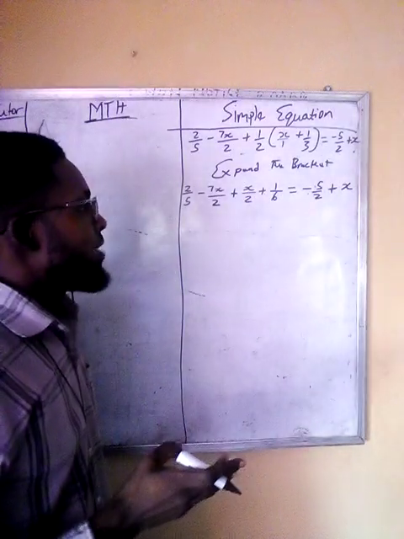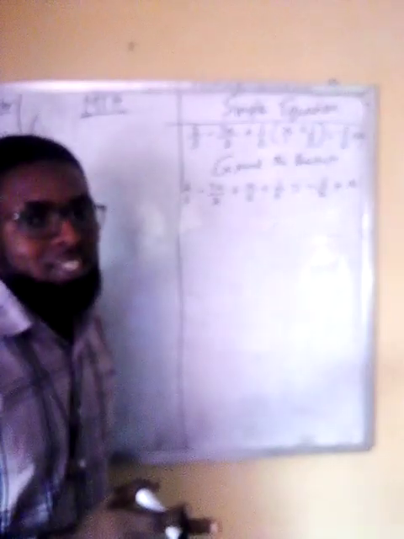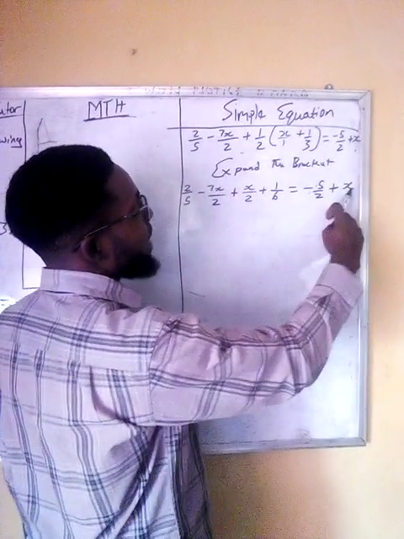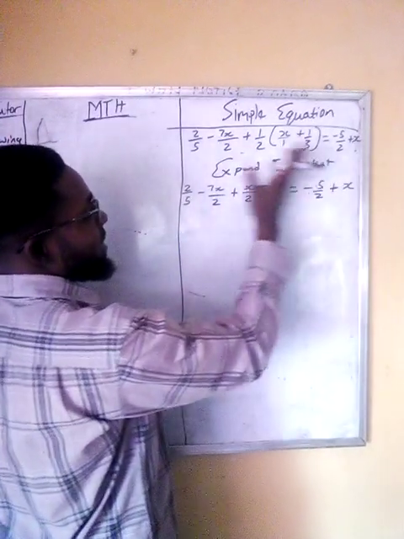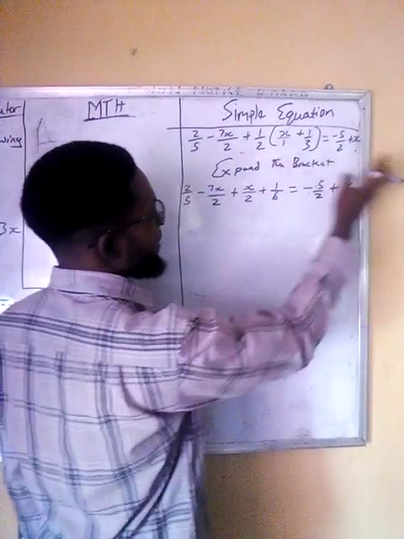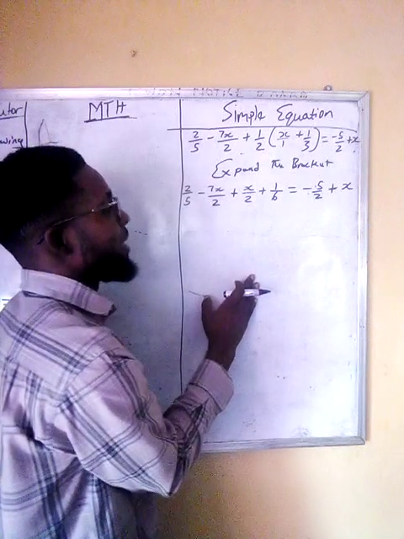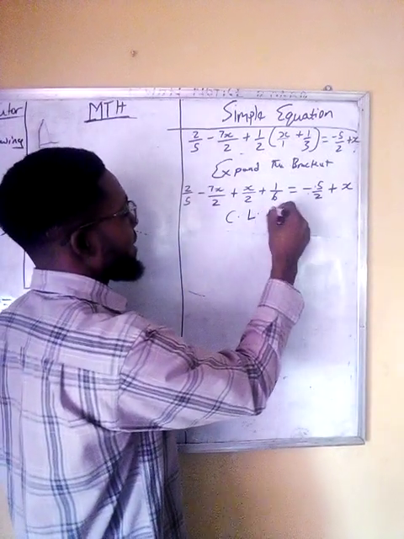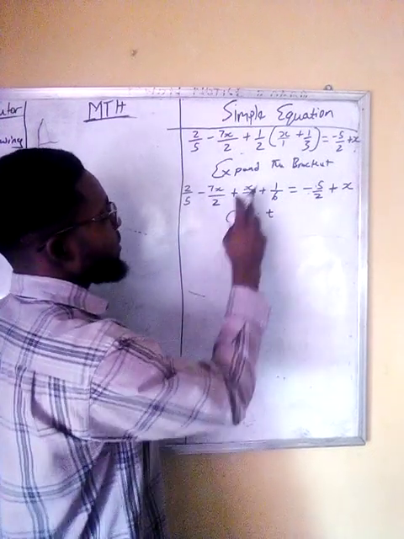So our next step is to collect like terms. You can see that we have x here, we have x here, we have x here. You want to have the value of x on one side and the numbers or fractions on the other side. So let us arrange it properly. We collect like terms. So therefore, this is x.